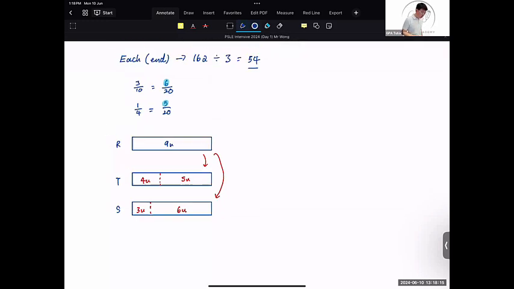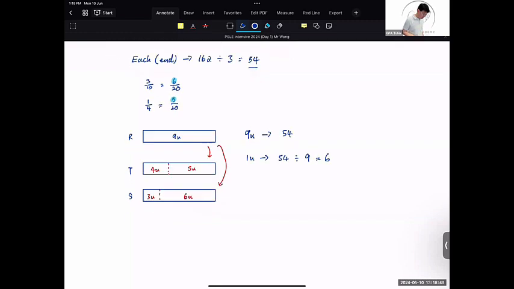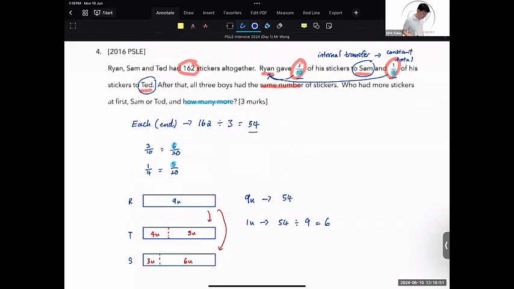And from the model, that also tells you that 9 units gives you a value of, what's the value of the 9 units again? What did we find just now? Each of them have at the end. It's 54. And therefore, 1 unit, 54 divided by 9 to give you 6. Okay. What else? From here, how do you know how many more Sam or Ted has at first?